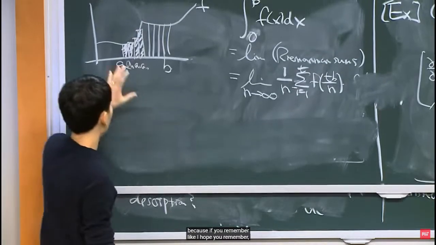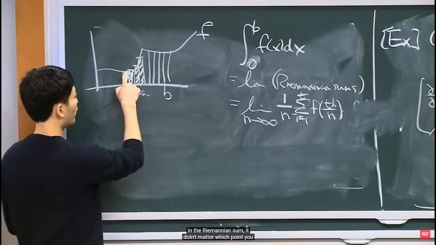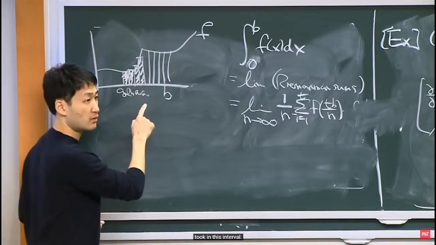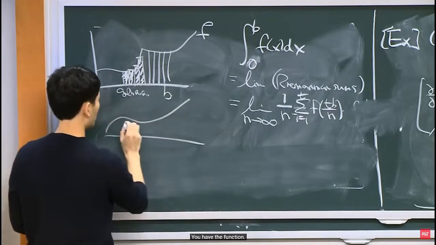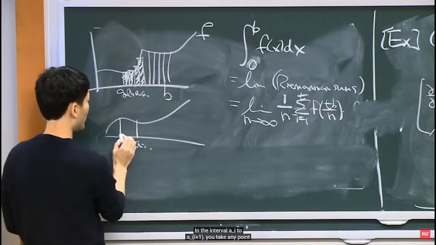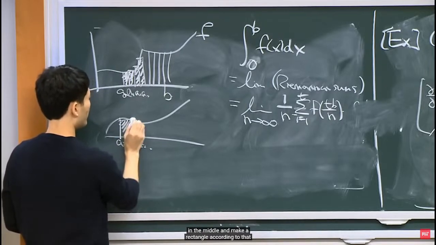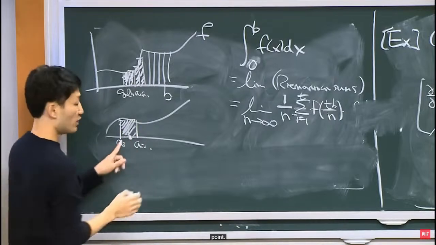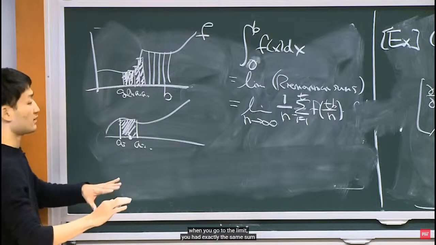Because if you remember, in the Riemannian sum, it didn't matter which point you took in this interval. That was the whole point. You have the function, in the interval a_i to a_{i+1} you take any point in the middle and make a rectangle according to that point. No matter which point you take, when you go to the limit, you get exactly the same sum.